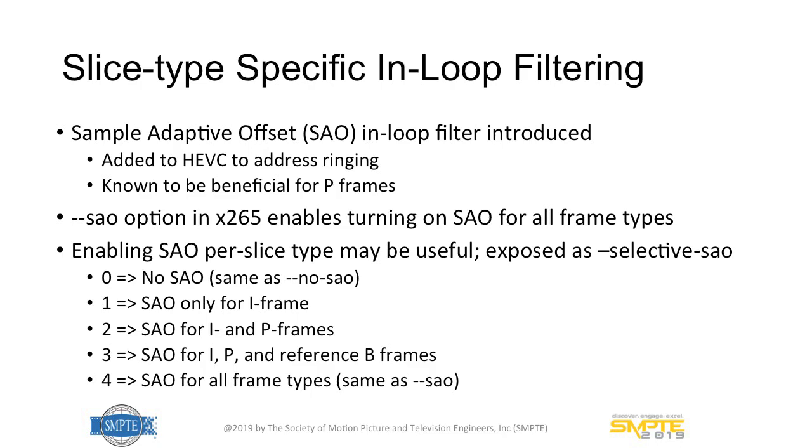The question we asked was, what if we only enable it for a subset of frames? The reason is very simple: let's speed things up and try not to lose quality. For completeness, there are several options. There is an option of turning it off and turning it on. But then let's try enabling it only for I-frames, only for I and P, only for reference frames, and for all frames.